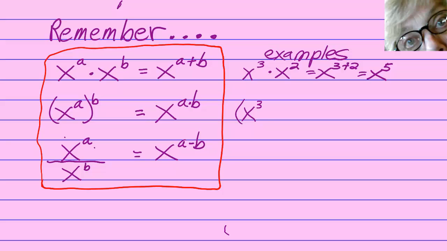X to the 3rd power, which is cubed, raised to the 2nd power, which is squared, is x to the 3 times 2, which is 6, so x to the 6th power. When you have x to the 3 divided by x to the 2, you get x to the 3 minus 2, which is going to be x to the 1, and 1 is invisible, so you'll have just x.